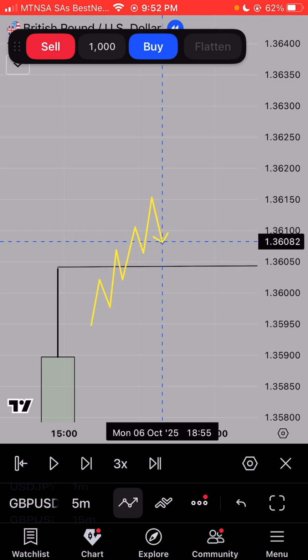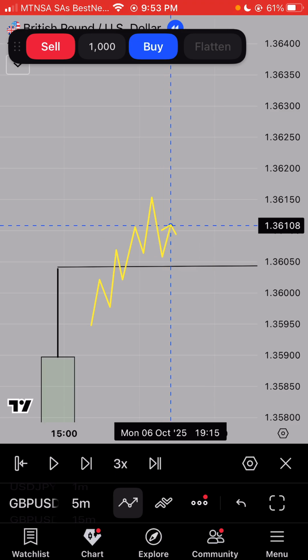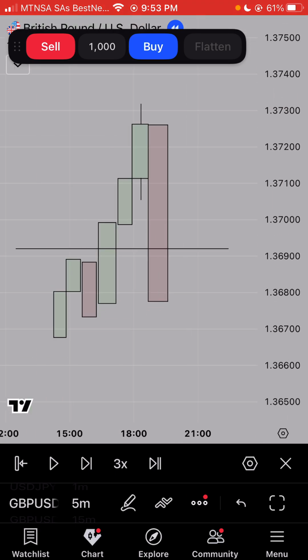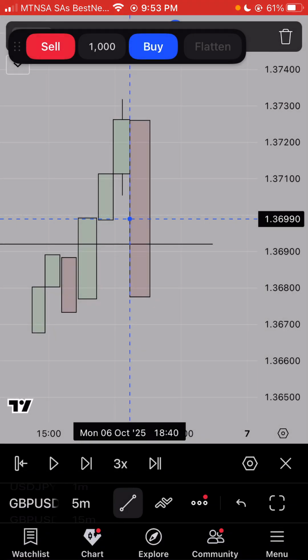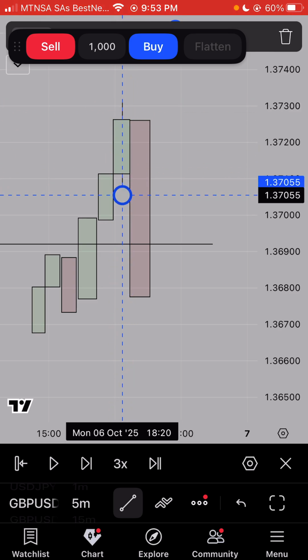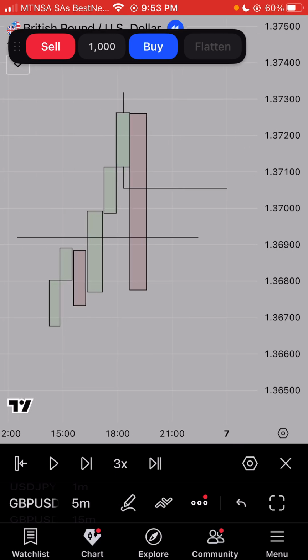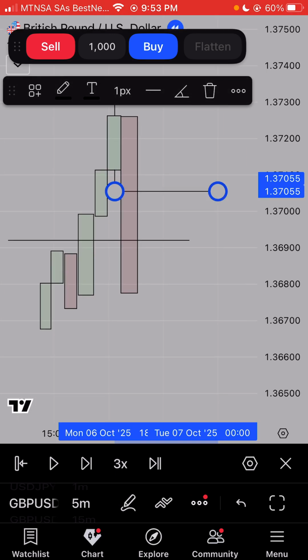The market must come either to this pullback or close to this pullback, and then I mark out the low of that 5-minute candle, which is going to look like this. This is the low, example, this candle right here. This is the low of that candle. So this is your CISD candle.